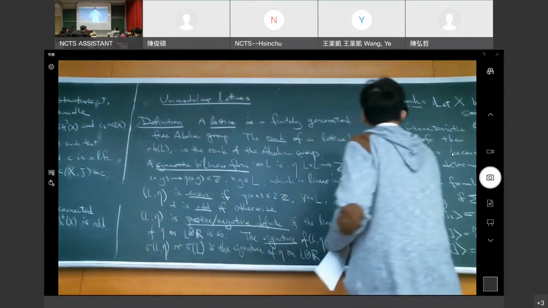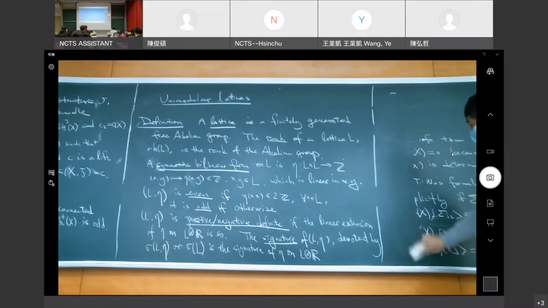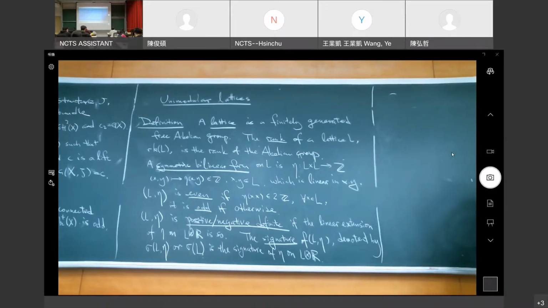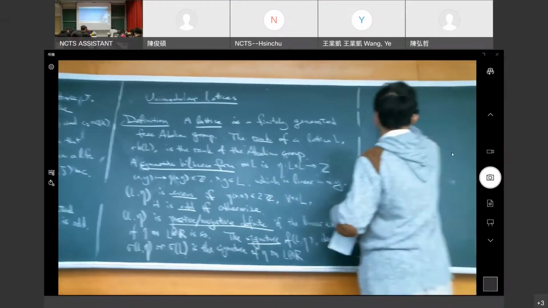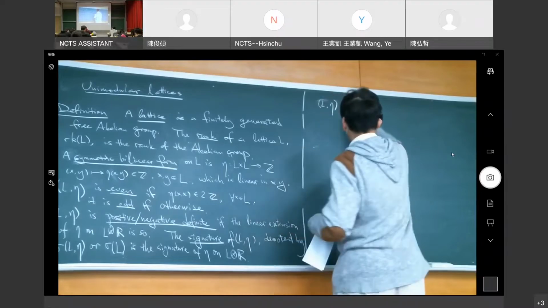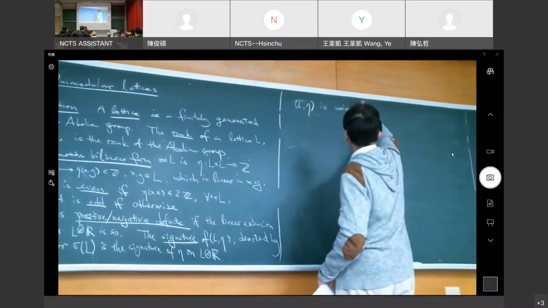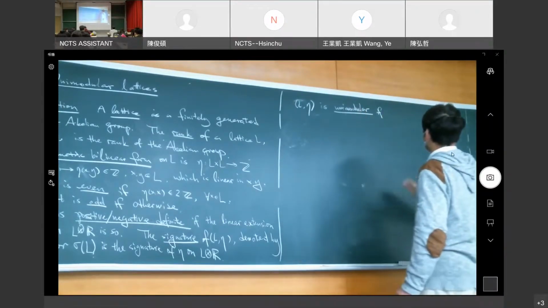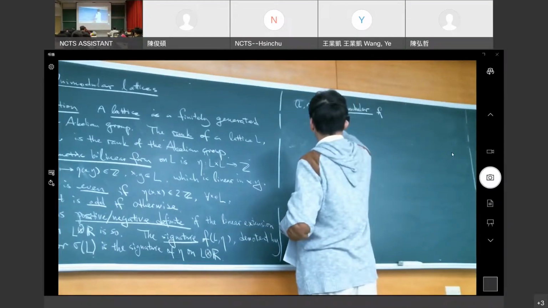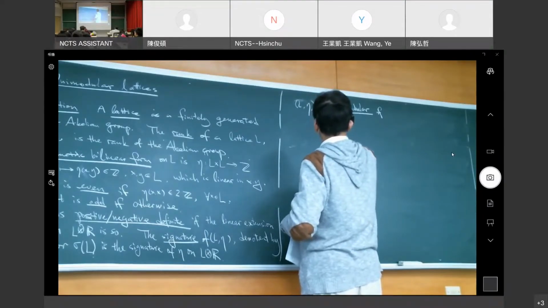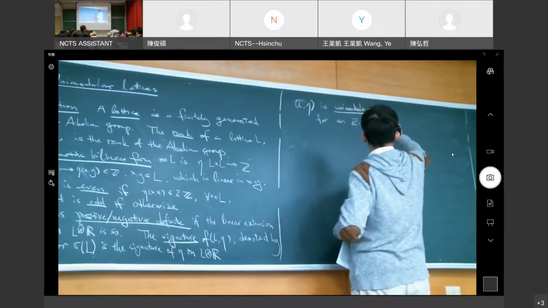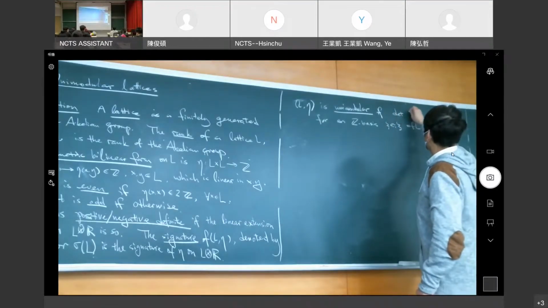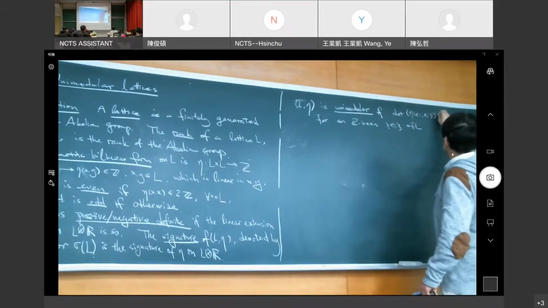Okay. And finally, which is very important, this lattice with the bilinear form is called unimodular if you choose a Z basis, which are called e_i of L, the condition is that the determinant of the symmetric matrix is equal to plus or minus 1.